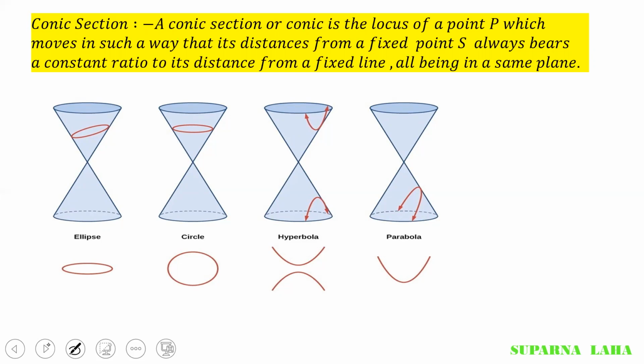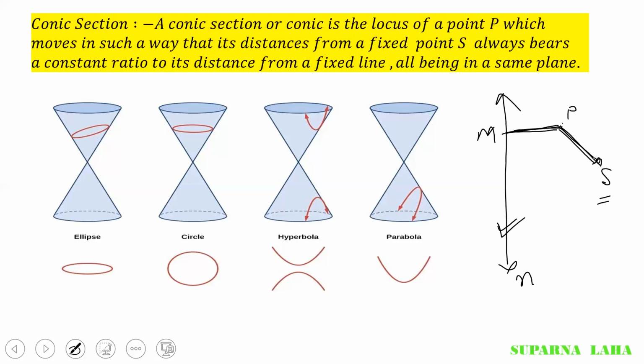If I take a fixed point, suppose here S, and a fixed line, suppose this is N, then the locus of a point P, if this is P, has these distances always in a constant ratio. Suppose this is M, the perpendicular from P. So PM and SP, these two distances, are always in a constant ratio.